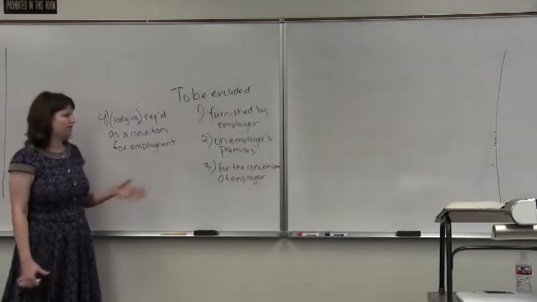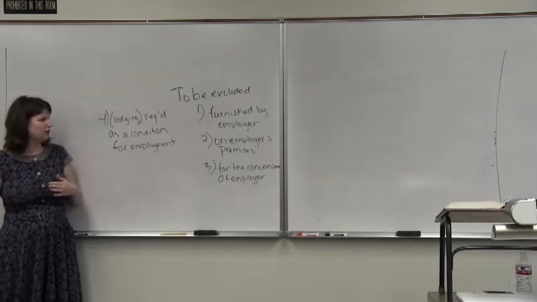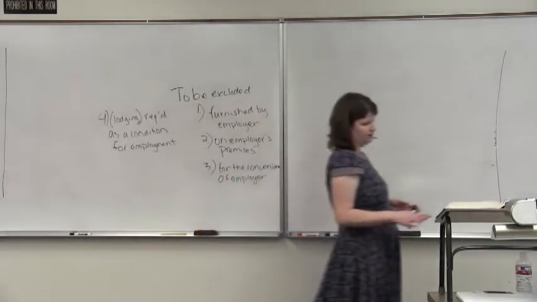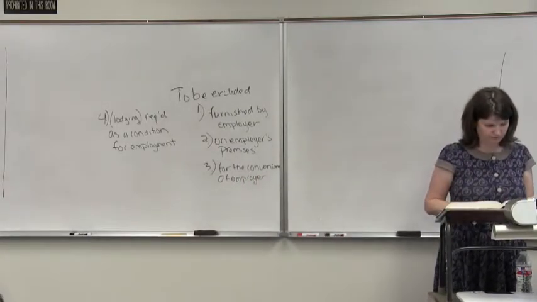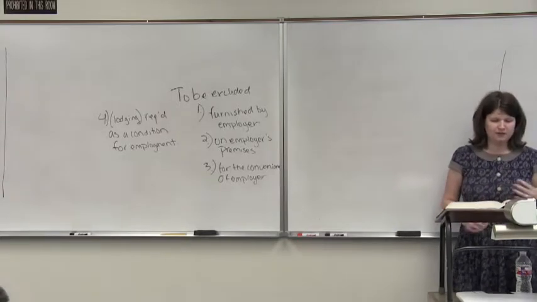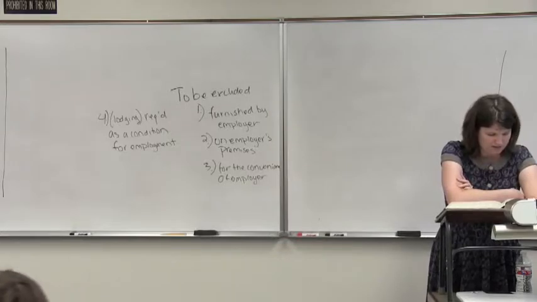Meals, if they're furnished by the employer on the premises and for the convenience of the employer, are not included in the employee's gross income. The regulations give some examples of excluded meals. This is on page 514.